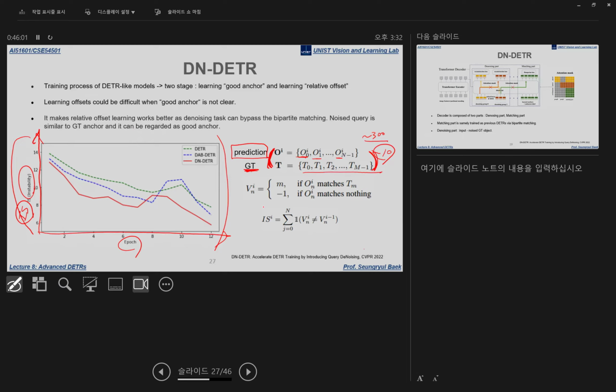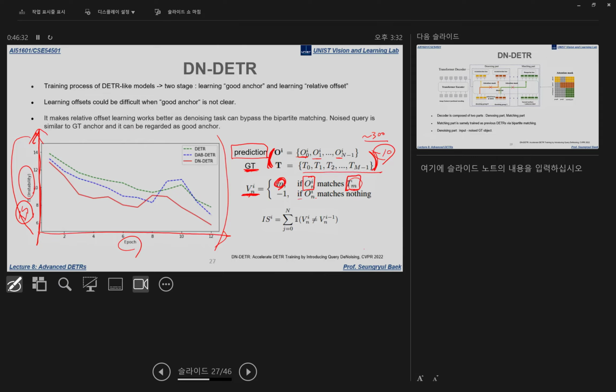But what this graph is suggesting is, when the i-th prediction is matched with the m-th ground truth, this function will output m, okay?